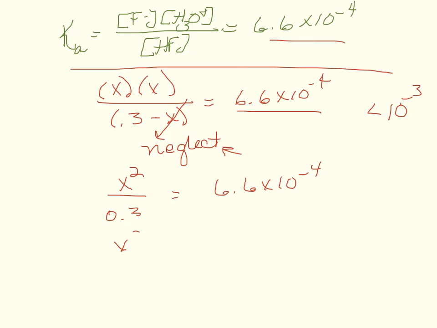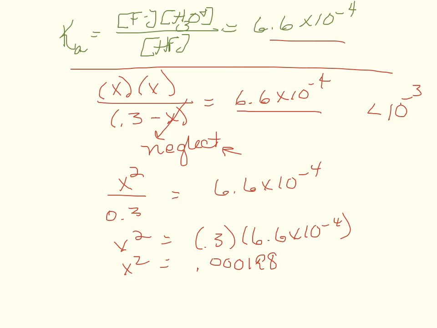Okay, so then X squared equals 0.3 times Ka. And X squared equals, what is that equal to? X squared equals 0.000198. Oops.